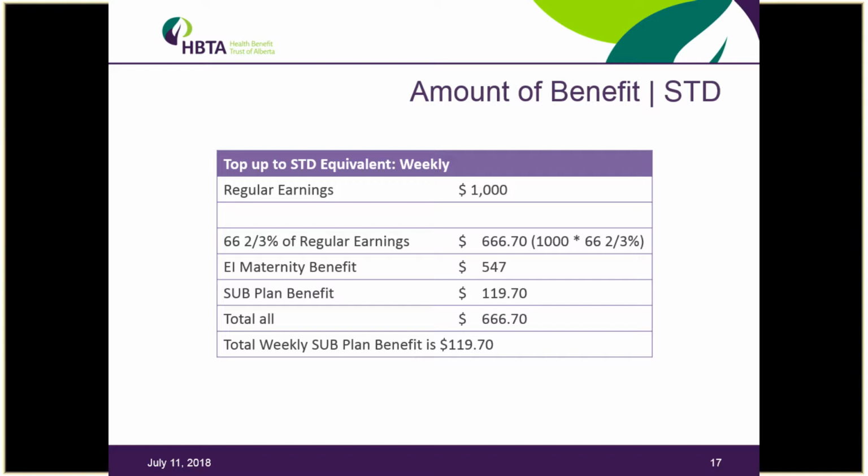We know that her EI maternity benefit is going to be $547. So to make up the difference, the subplan benefit needs to be $119.70. So $547 and $119.70 equals $666.70, which is the amount she would have received on her subplan.